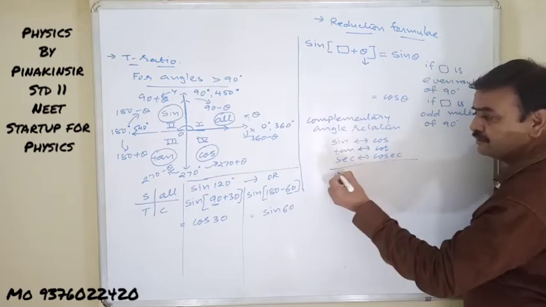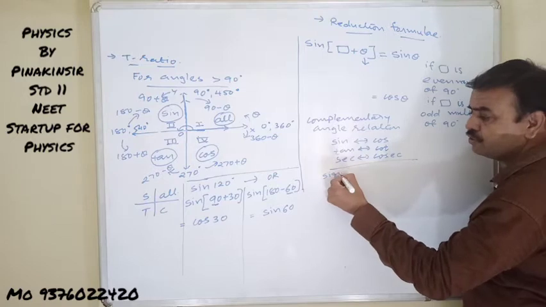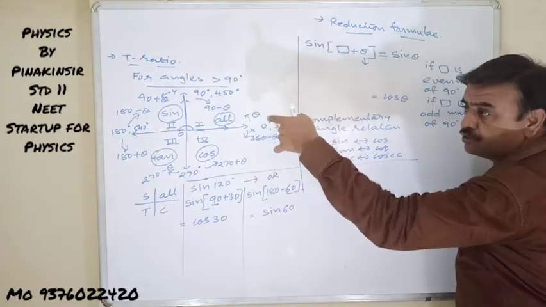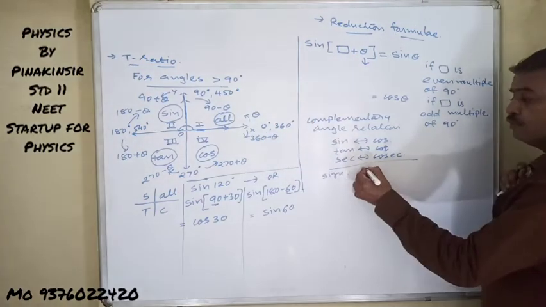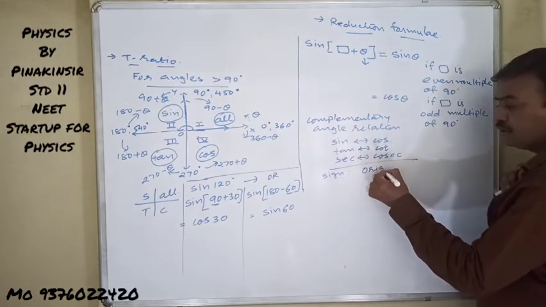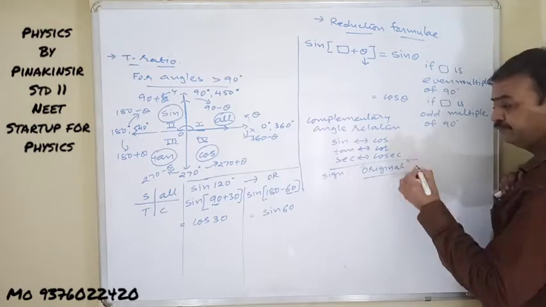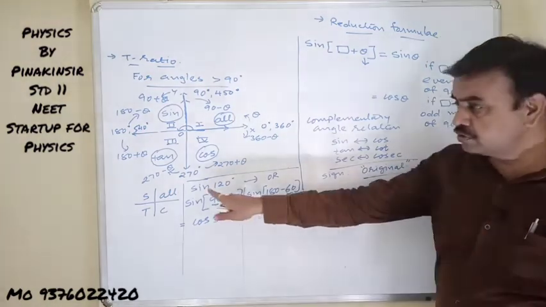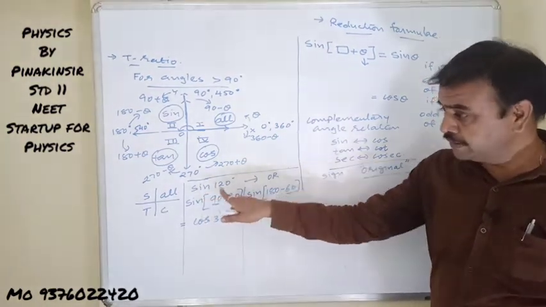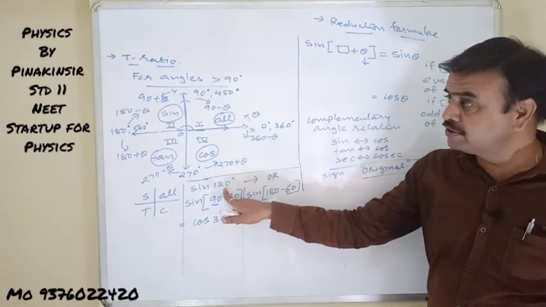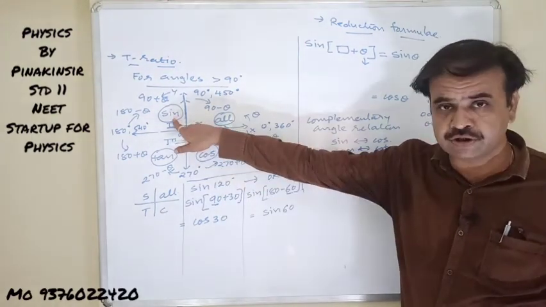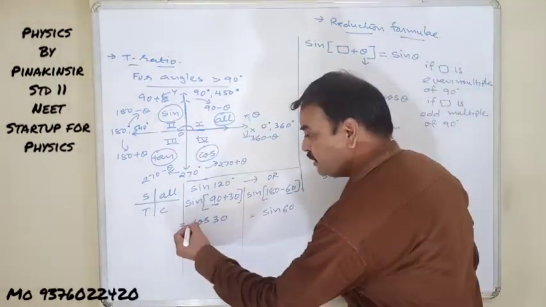Now the sign, that is positive or negative, is decided by using this relation. If you are given the original function, see the original function, here we are given what? Sine. The angle is in the second quadrant. In the second quadrant, sine is positive, and thereby your answer will be positive.